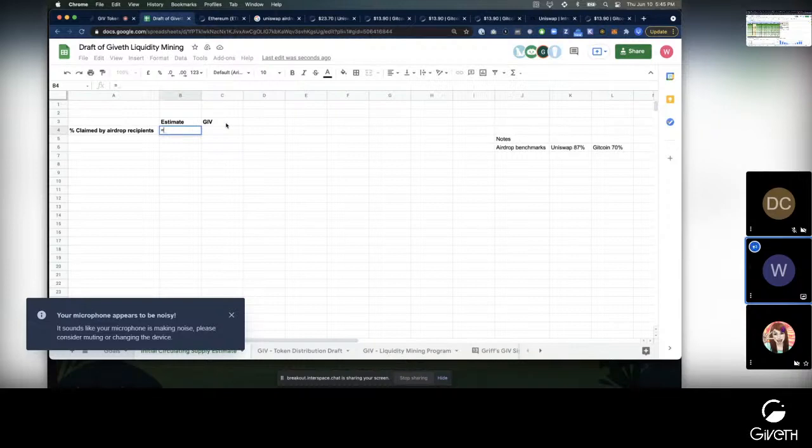So maybe the top half will be 60%. We were thinking maybe 60 or 70%, and then the bottom half will be less. Top half probably 70% will claim, but bottom half maybe 30% will claim.